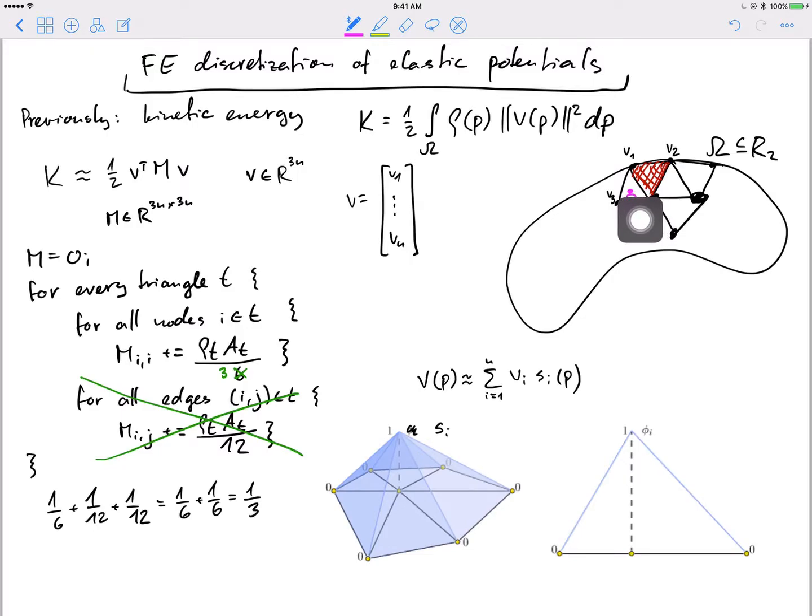So I cannot really do it the same way as before. It would be kind of weird to say that the velocity now lives on the triangles. It would be theoretically possible, but then you would have a discontinuous velocity field, which would not be bad per se. But the problem is that then you also have positions for all the nodes, and the positions also naturally live on the nodes.